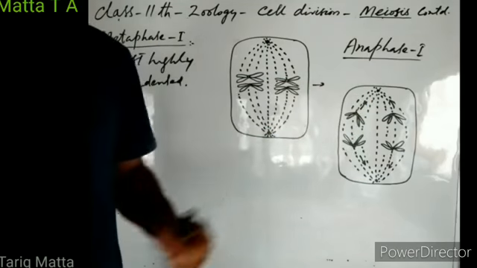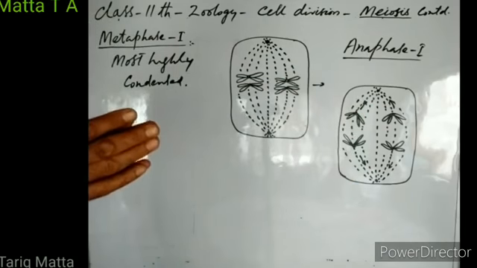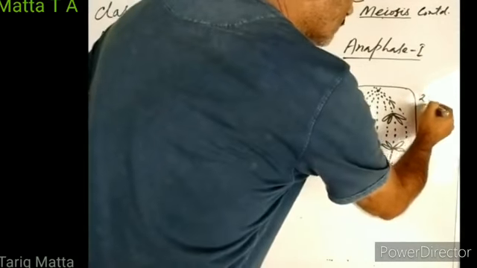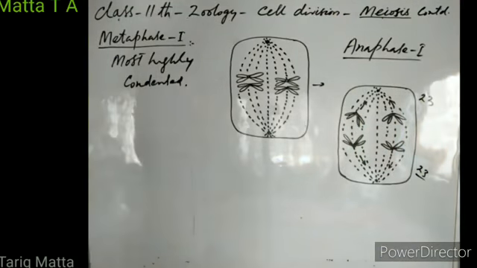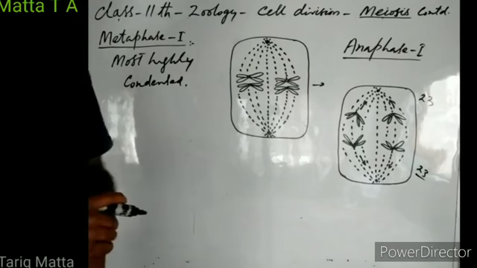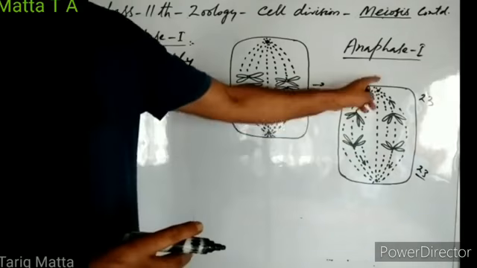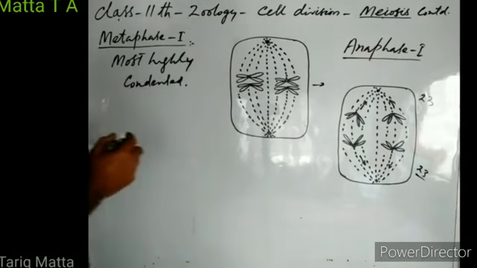So in anaphase, all the 23 pairs of chromosomes are separated from each other, taking 23 chromosomes to this pole and 23 chromosomes to this pole, right? So homologous chromosomes are separated and pulled towards the two opposite poles of the cell in anaphase I.